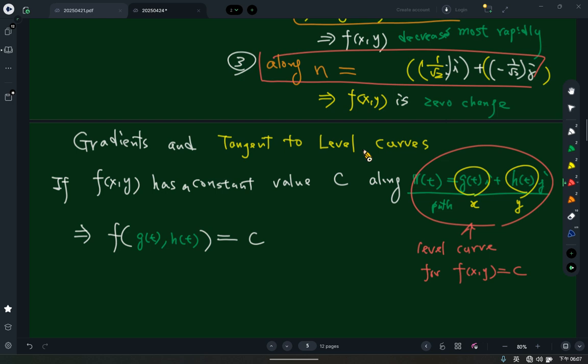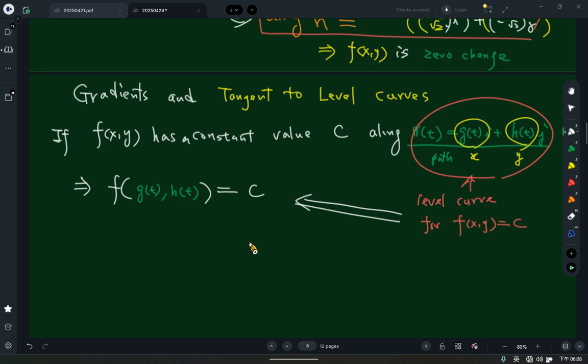If you forgot, please go back to review the concept of level curves for f of x, y equal to c. All points could be the input for this function, and the function will return c.